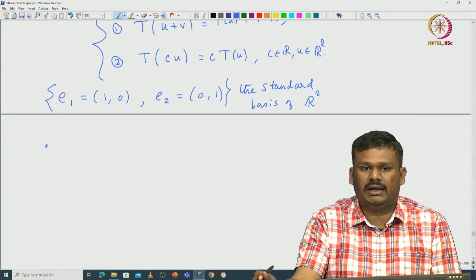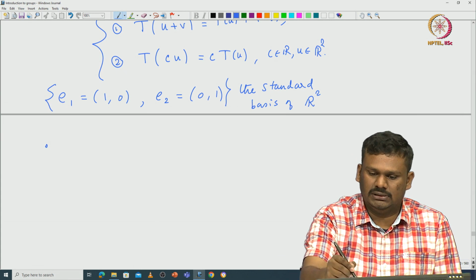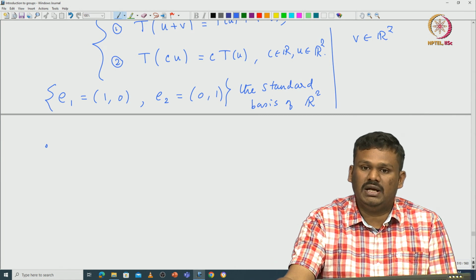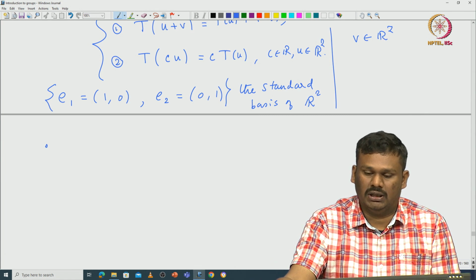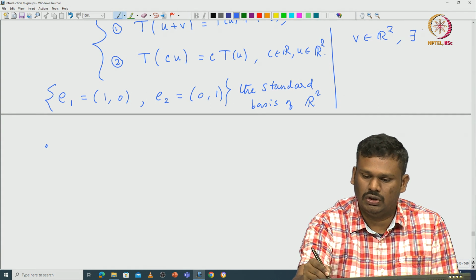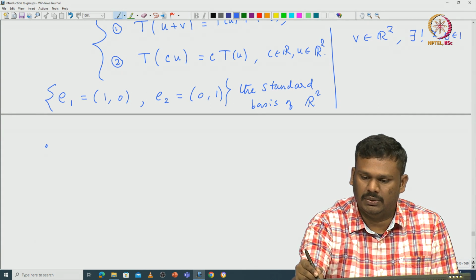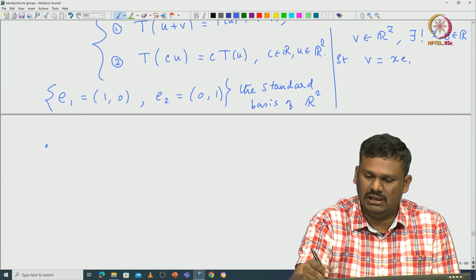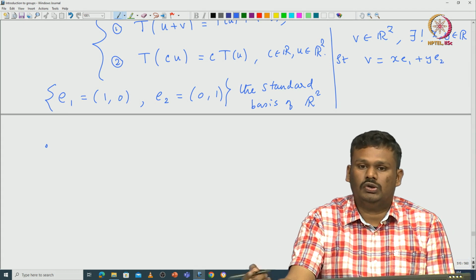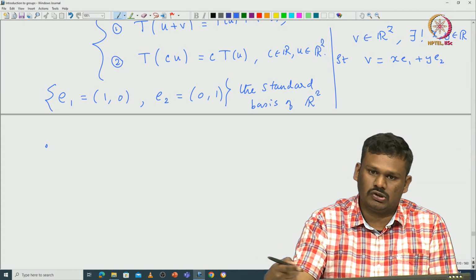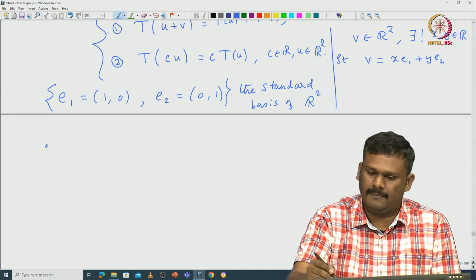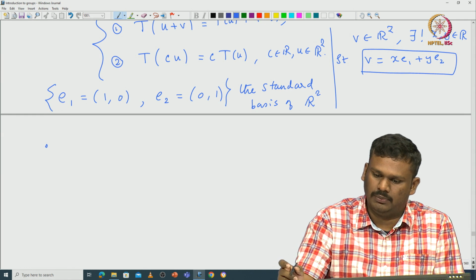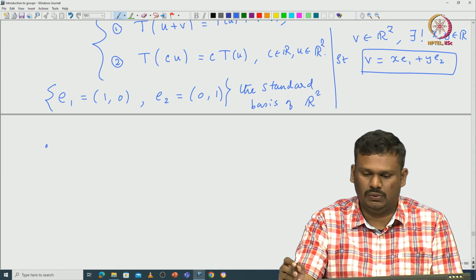What is the meaning of that? Any given vector V in R2 can be written uniquely as a linear combination of E1 and E2. That means there exist unique x and y in R such that V is written as x E1 plus y E2. Those unique values are the x coordinate and y coordinate of V. This is the most important property of this basis E1, E2.